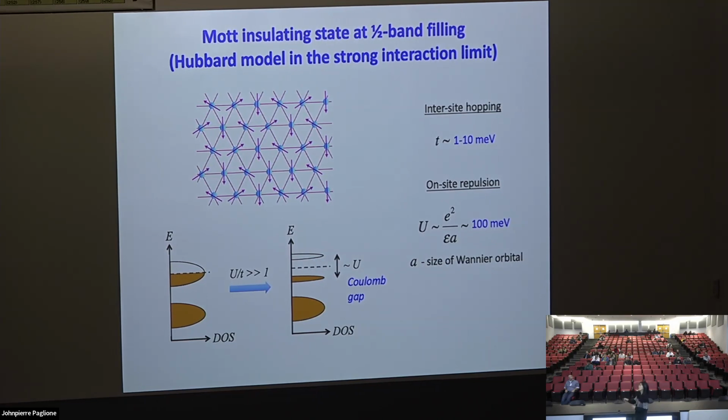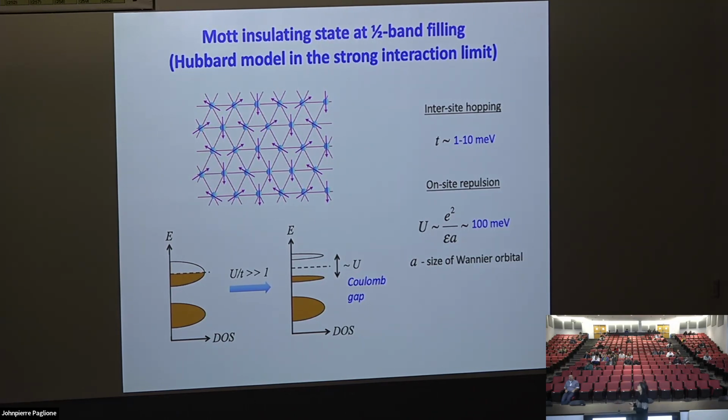This is given by e squared, the dielectric constant, and also the size of the Wannier function. And this can be on the order of 100 millielectron volts for this particular material. Kinetic energy is small. So in that case, the Coulomb repulsion can localize the charge.